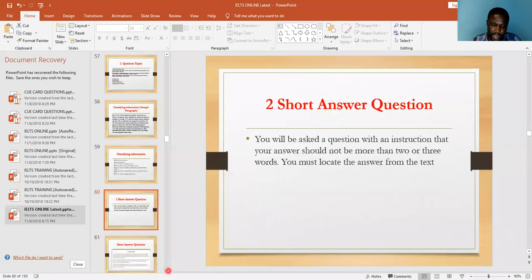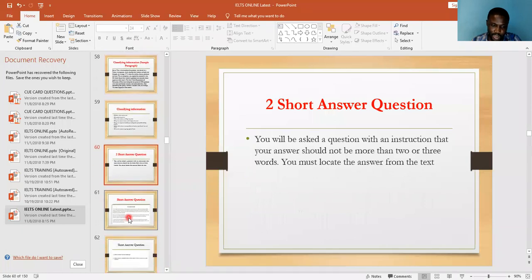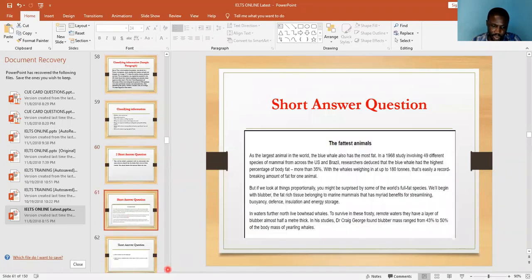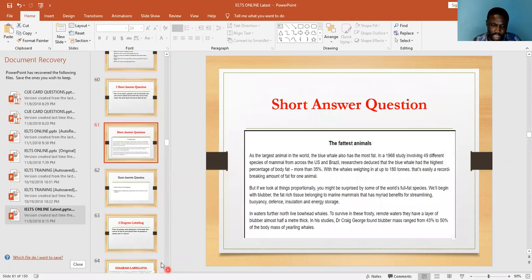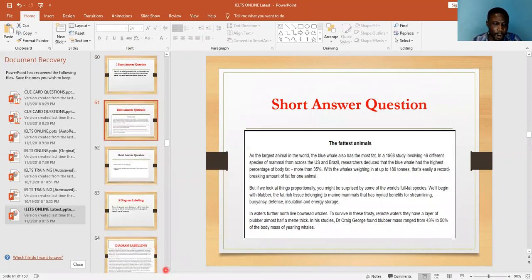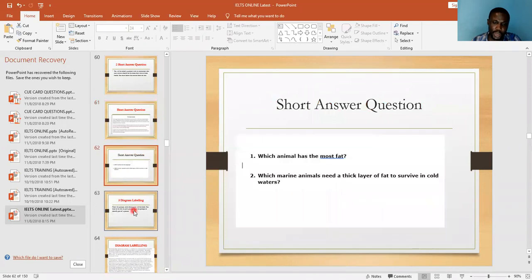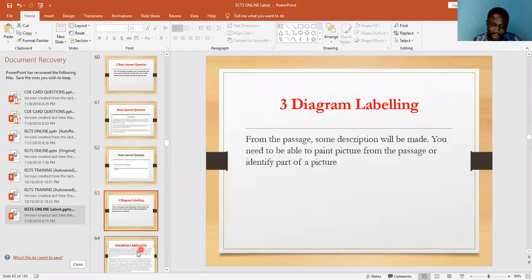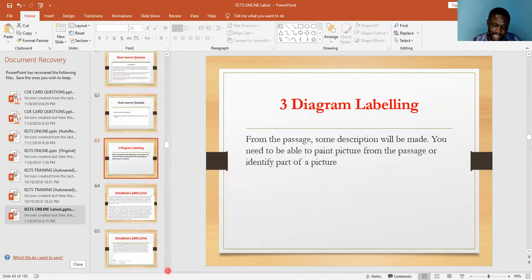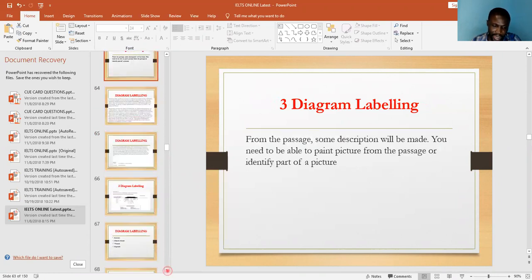I also did short answer questions. One thing about short answer questions is that they are not common these days, but once in a while they pop up. And we also did diagram labeling in the last class. So I'm doing a recap.